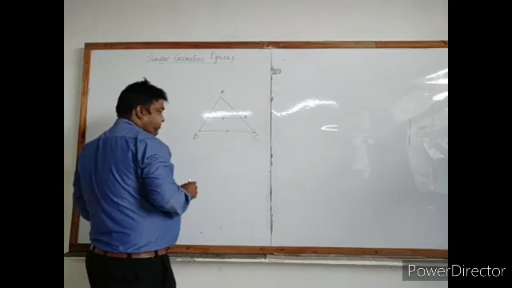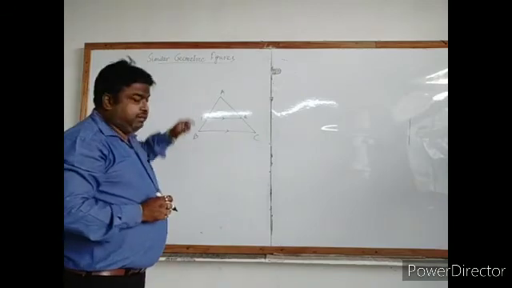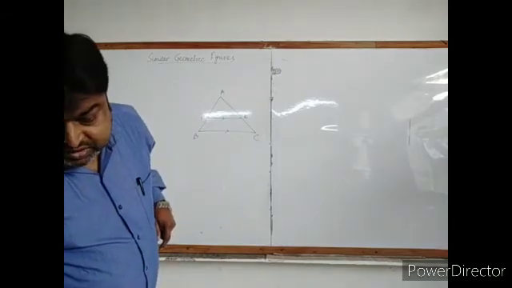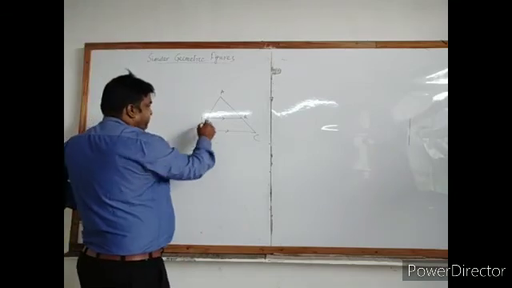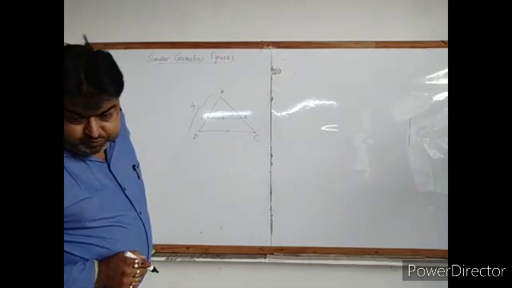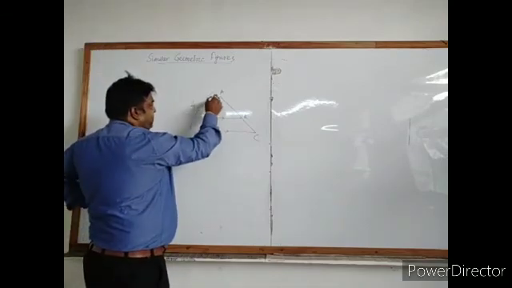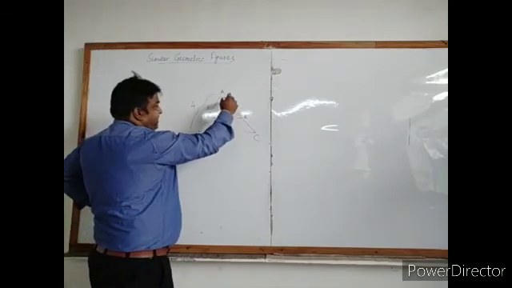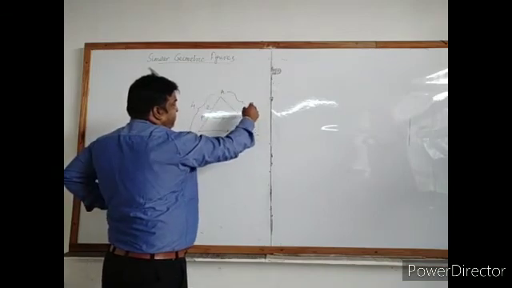Correct? Now the measures are given: AB 4, then AP 2, then AC 6, and AQ we have to find.